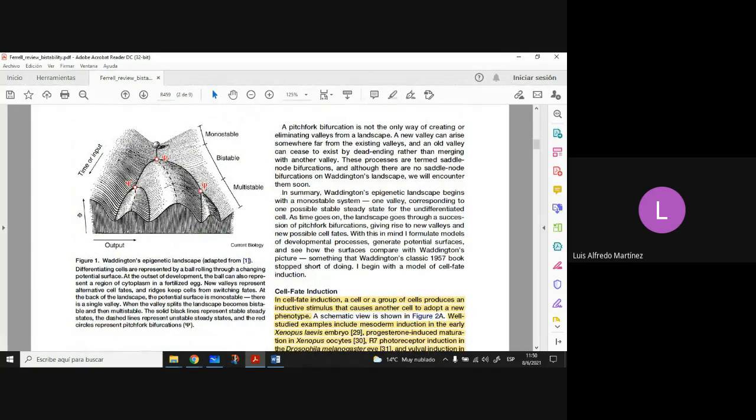In Figure 1, the cell is represented by a ball which moves towards the front of the landscape by means of these lines.